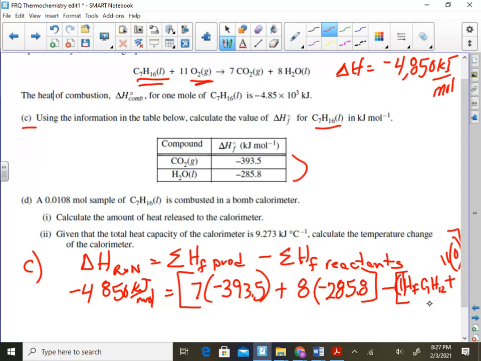So now we're going to solve for the heat of formation. So I'm just going to move this to the other side, move that to that side. And so I have the delta HF of our heptane equals, and so if I add all those guys up, and some of them are negative and this one becomes positive, I get 191 kilojoules per mole.